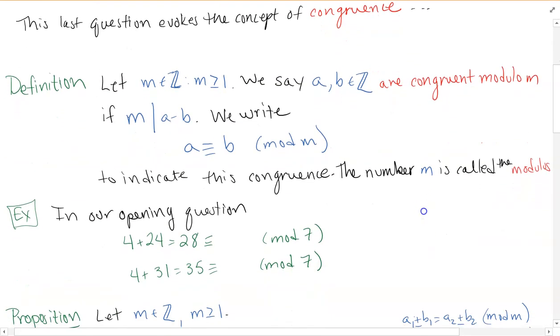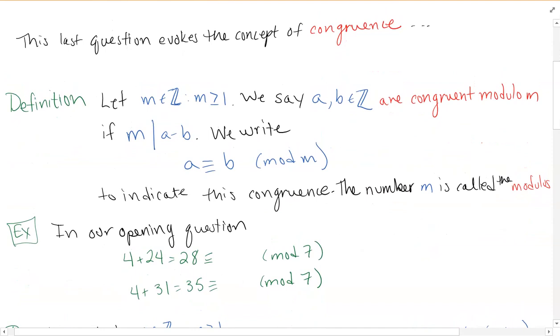Okay, so then for our opening question, you should have done something like this. Well, maybe you did, maybe you didn't. But if you imagined adding 24 to 4, that's 28.